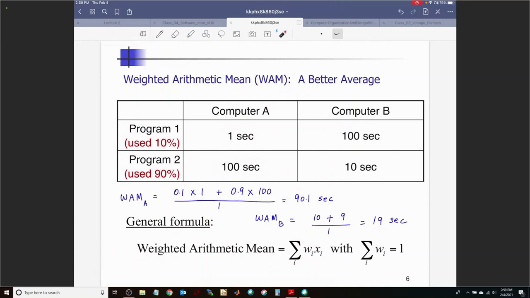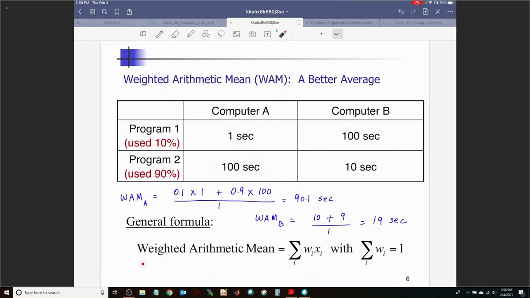However, there is one big problem with the weighted arithmetic mean: if I change the calculation by normalizing to computer A or normalizing with respect to computer B, the numbers could be different. We will look at that example coming up.